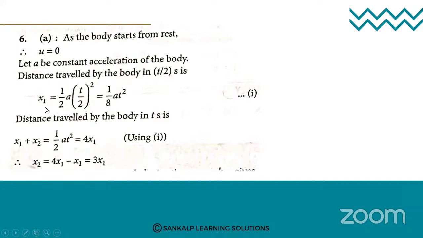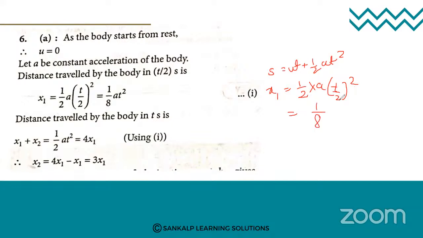So according to the equation S is equal to ut plus half a t square, where t is t divided by 2.